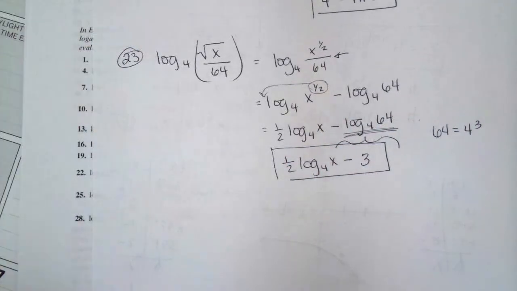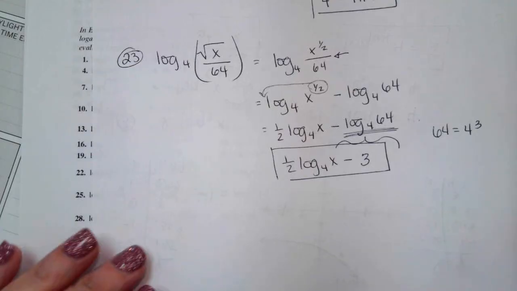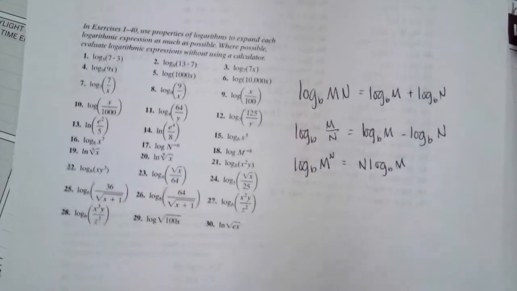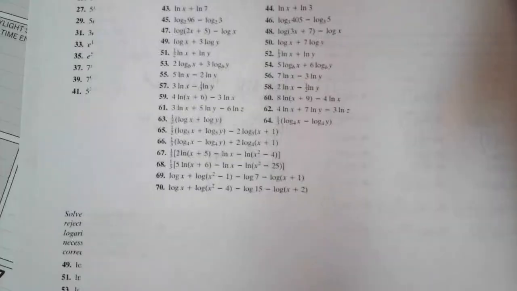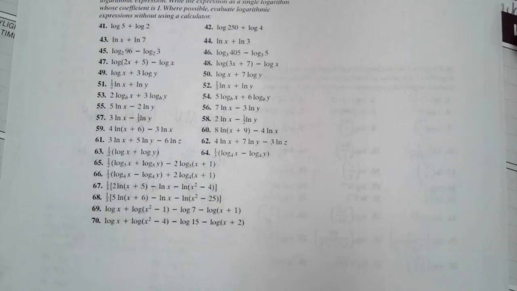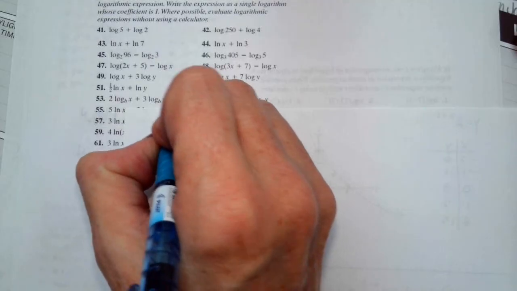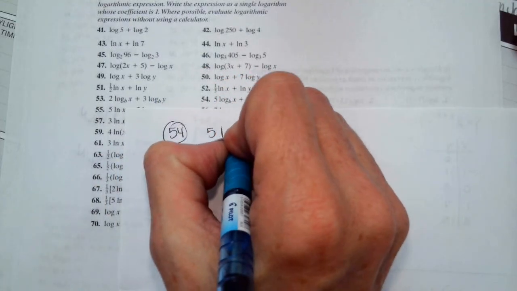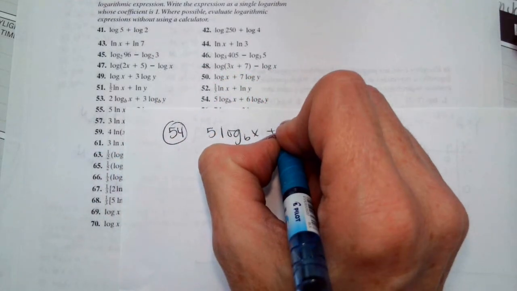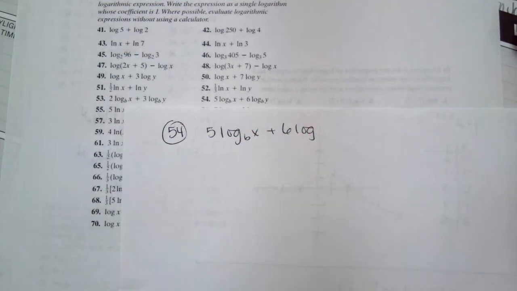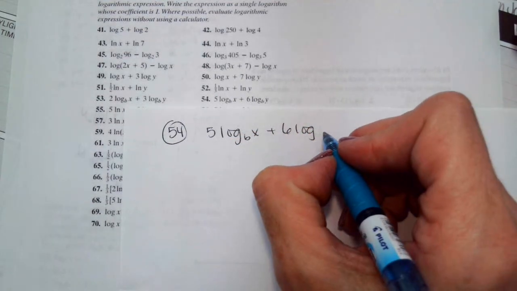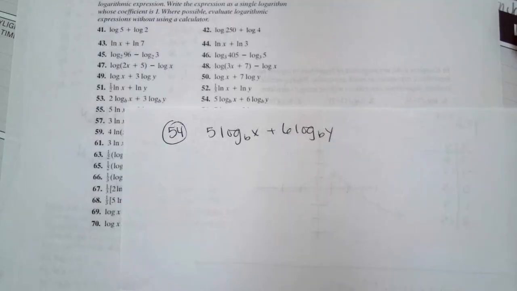Okay, all right. Looking at 41 to 70, these we are condensing, so we are going in the opposite direction. Looking at 54. So for 54, we've got 5 log base b of x plus 6 log base b of y.